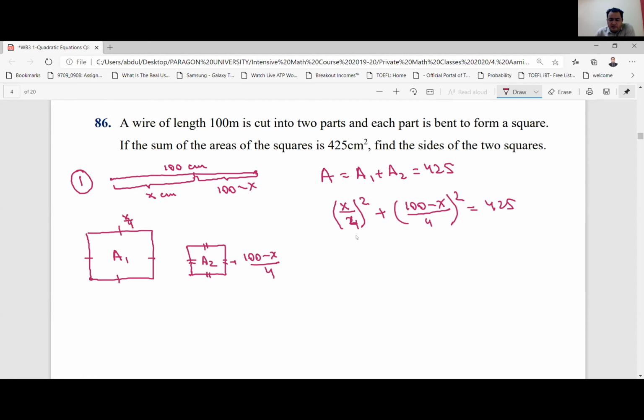Now, if you remove the brackets, here we have X squared over 16 plus, and how about here? We have 100 squared over 16, that is 10,000, minus 2 times 100, 200X, plus X squared. That's equal to 425, right?